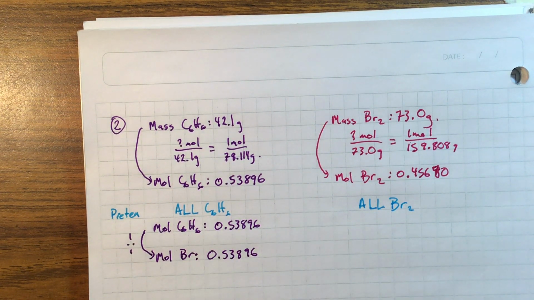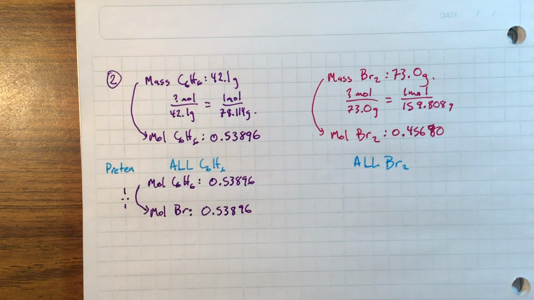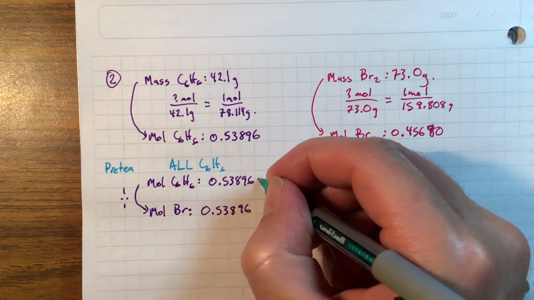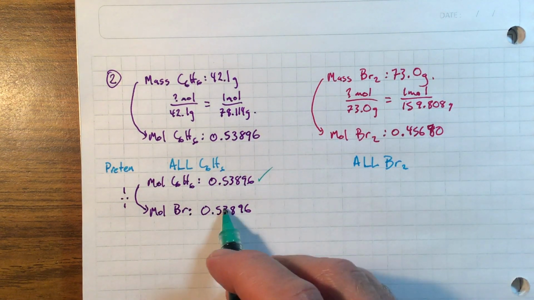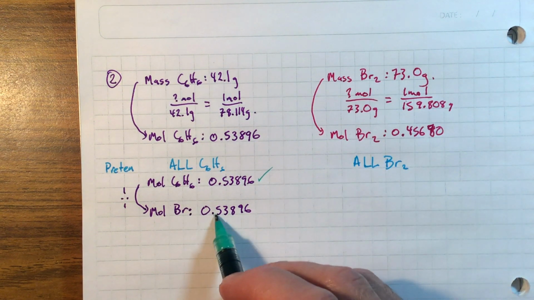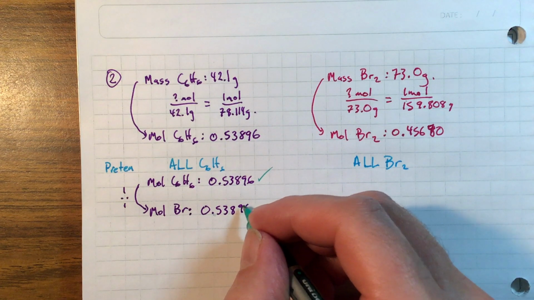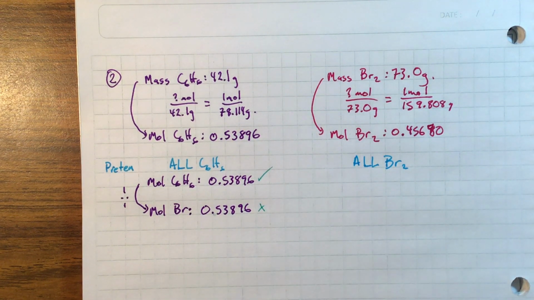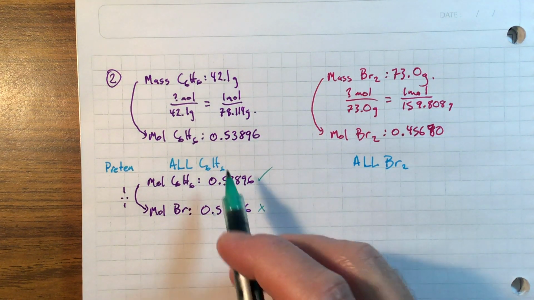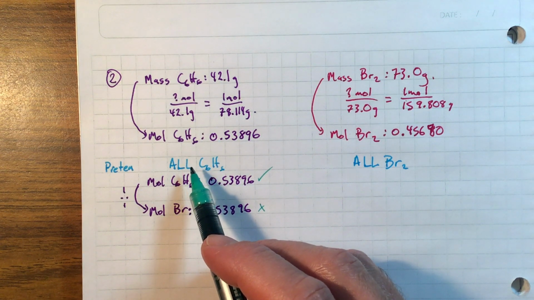Now, since we don't have to figure out the excess amount, we can just do one of these and see if it works. So let's check to see if this one works. We have this. Good. Do we have this amount? No, we have less than this. So we don't have enough of this, so we cannot use up all of our C6H6.